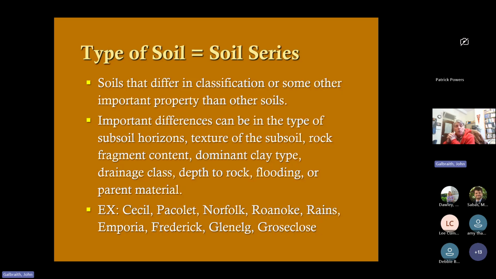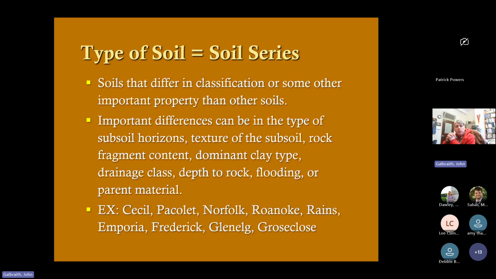But for soil scientists, we use classification, soil taxonomy, to help us know when soils should be separated from each other. In other words, when they should not be grouped into the same soil series.